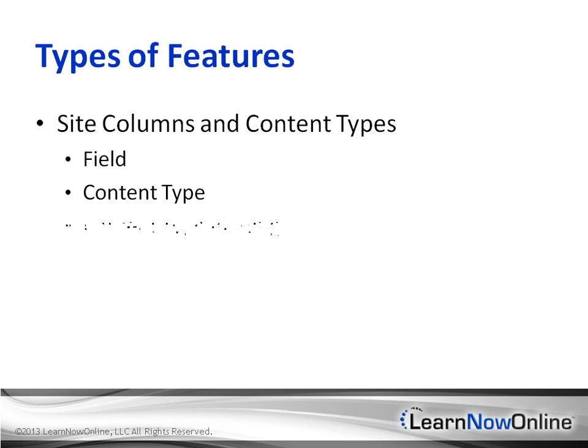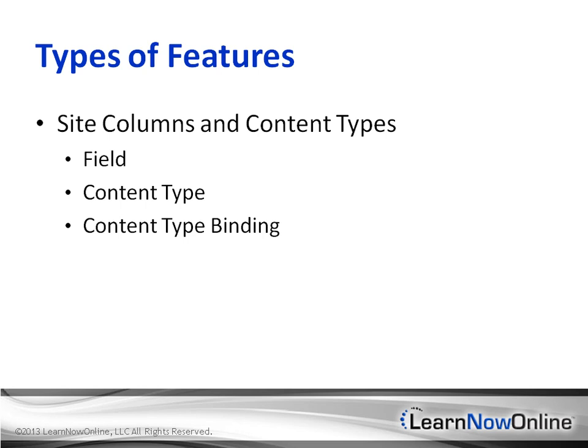And then there's also content type binding. What that lets you do is bind a specific content type to a list. A good example of that would be, let's say you have a document library and you want to create a content type for proposals.